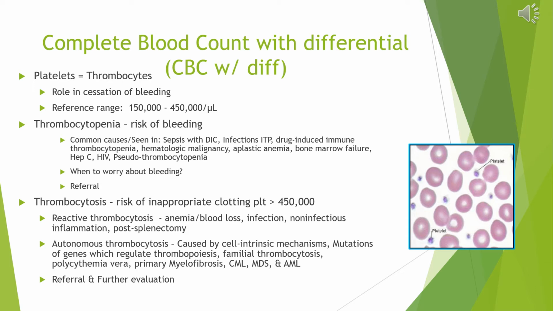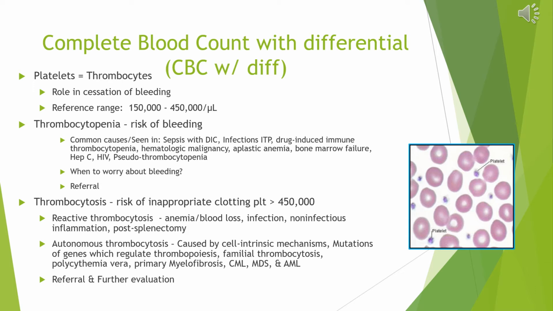Thrombocytosis, or an increase in the platelet count, carries a risk for inappropriate clotting, particularly with platelets greater than 450,000. We'll see platelets increase in reactive thrombocytosis, in conditions causing anemia, blood loss, infection, non-infectious inflammation, post-splenectomy, and more. Autonomous thrombocytosis is caused by cell-intrinsic mechanisms, mutations to genes which regulate thrombopoiesis.